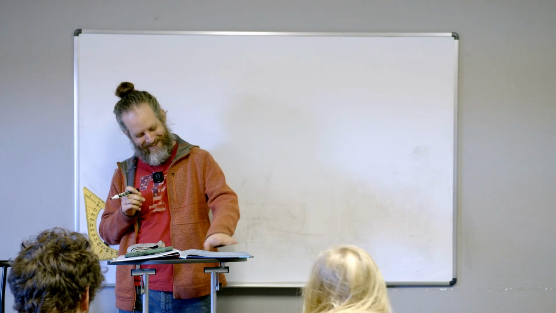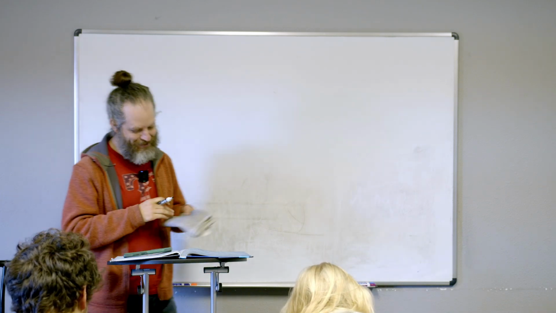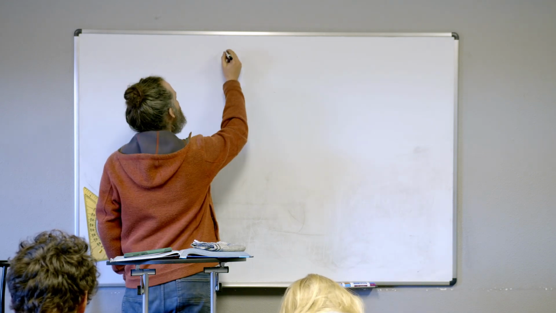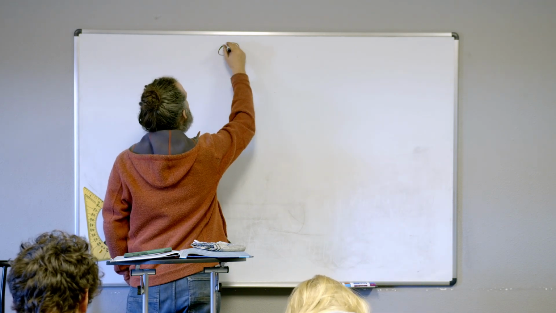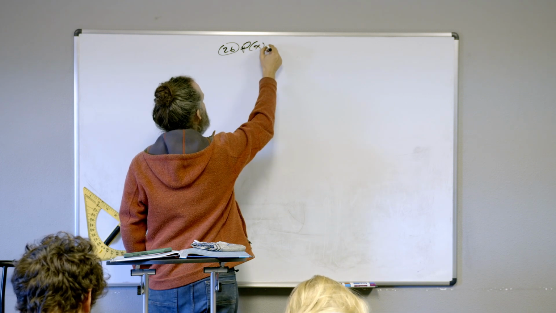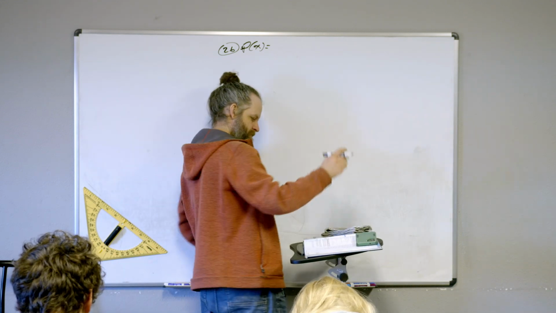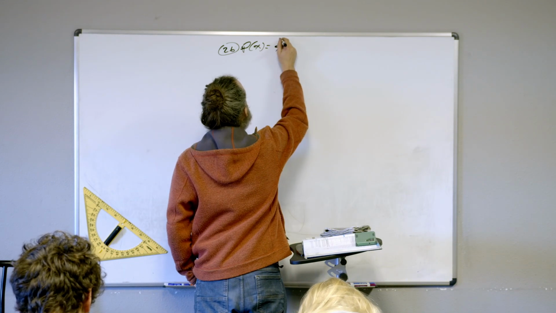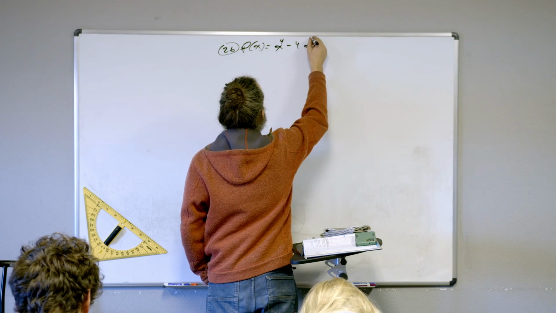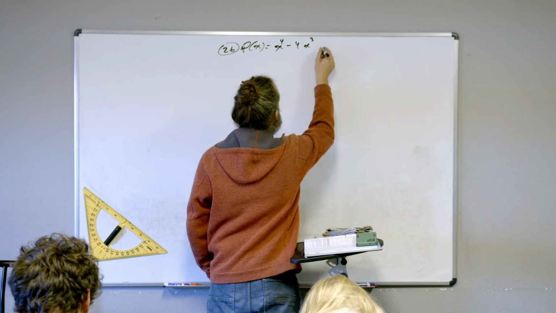So what do we need help on? We're still doing 26. Okay, here we go. 26. P of x equals x to the 4th minus 4x cubed plus 3x squared minus 5x.